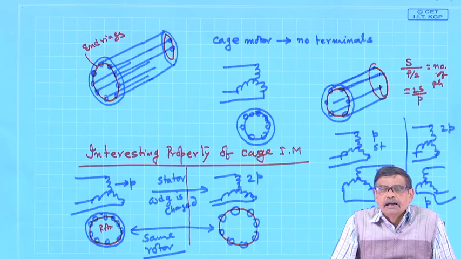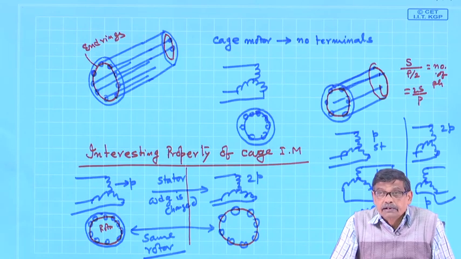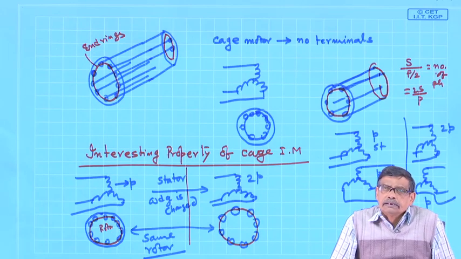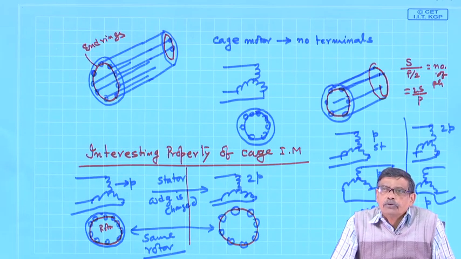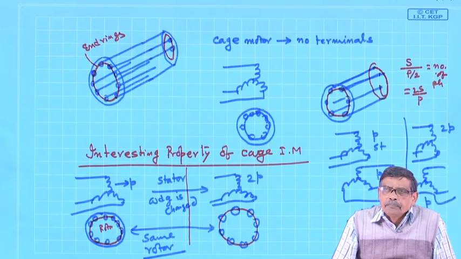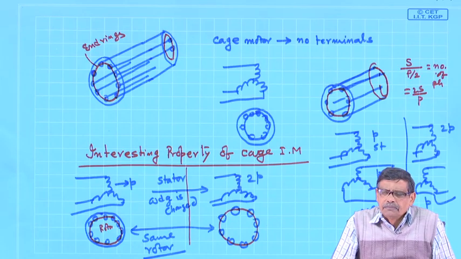In fact, as I told you, an induction motor may be considered roughly a constant speed motor like the DC shunt motor, because variation of speed from no load to full load is only very little. If it is a 4-pole machine, synchronous speed is 1500 rpm, therefore variation of speed will be little.